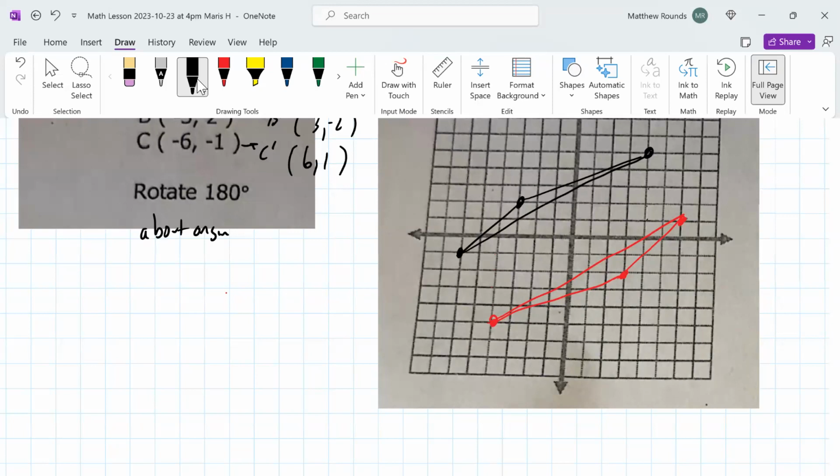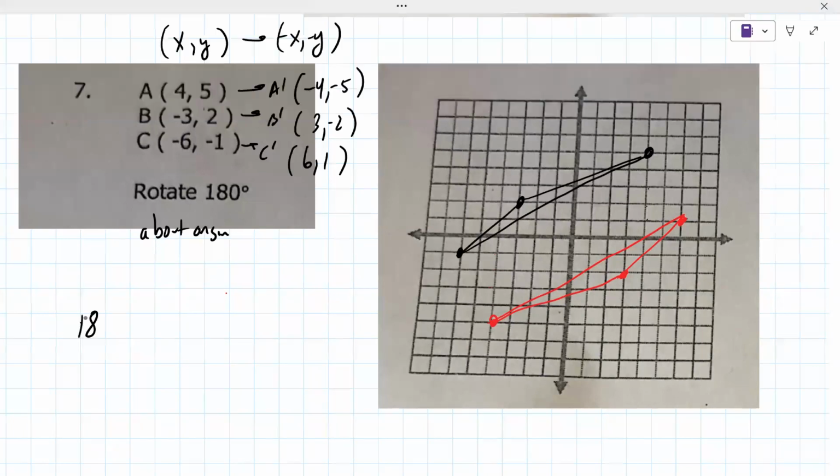Okay, so the thing with 180 is it doesn't matter whether it's 180 or -180, clockwise or counterclockwise, it's always the same. It's always 180. So which one on the rest of the sheet is going to be the same as this one that we just did? 8, 9, 10, 11, or 12. 10.